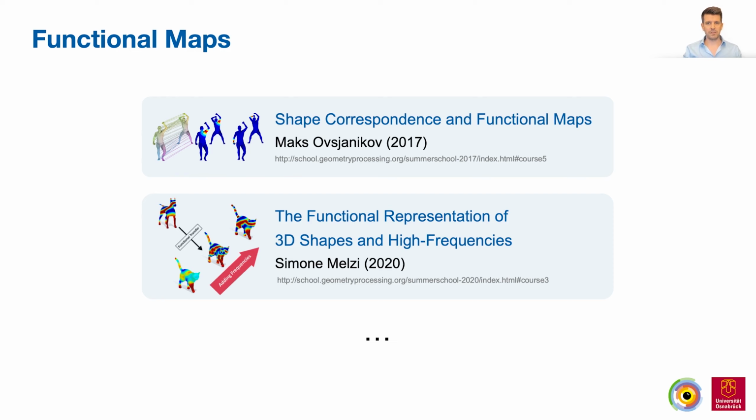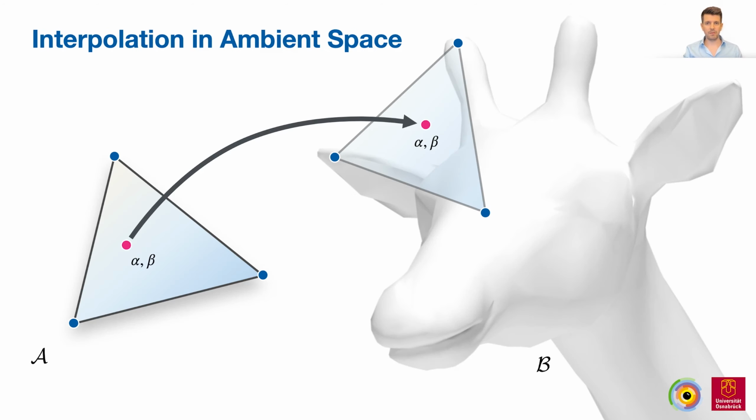We will not go into more detail here at this point, but refer to these previous lectures listed here for a broader excursion into this field. A common problem of all these representations, whether vertex to surface, vertex to vertex, function to function, is that they only explicitly state image information for the vertices of A. What about other points of A, on edges, on triangles?